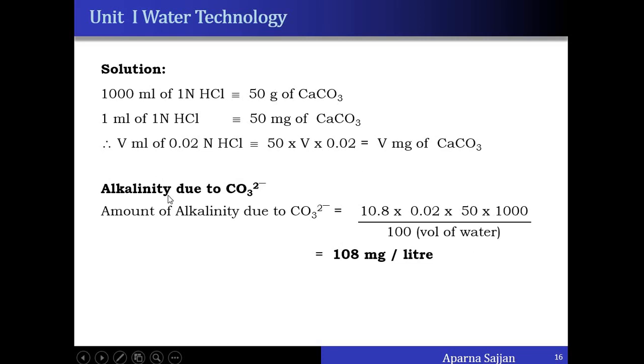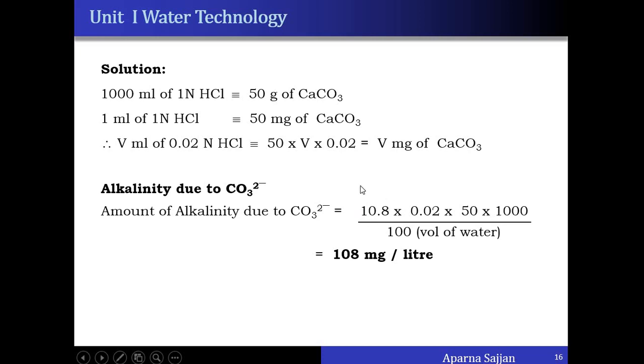And the same calculation procedure is used. For 1 ml of 1N acid, 50 milligrams of CaCO3. For V ml of 0.02N acid, what is the milligram of CaCO3? That is 50 into V into 0.02. Now, carbonate alkalinity is calculated by using the total volume of acid, or 2P.